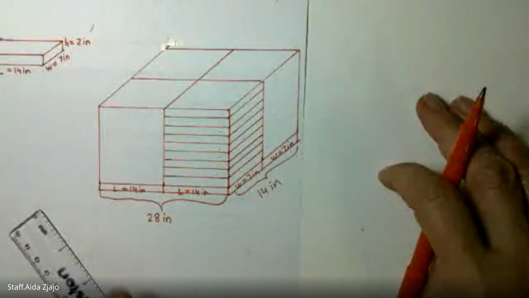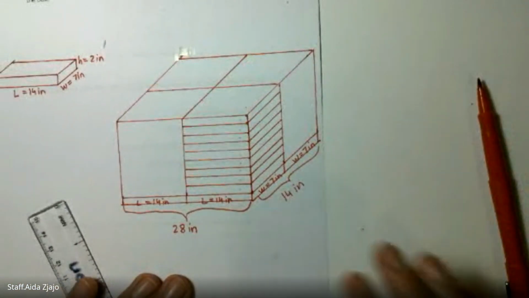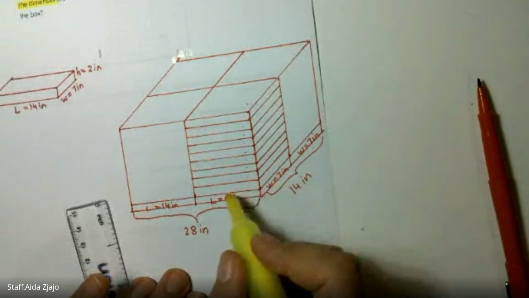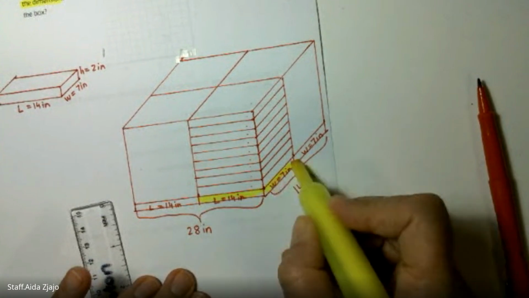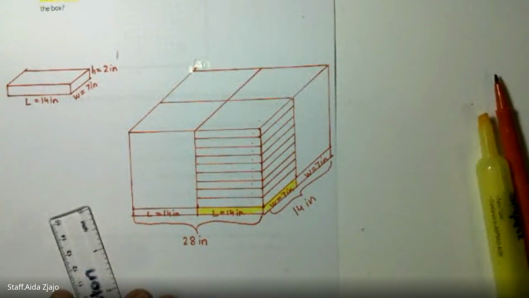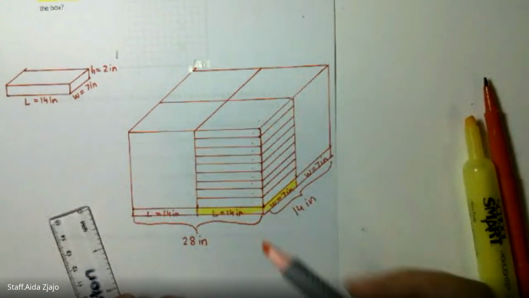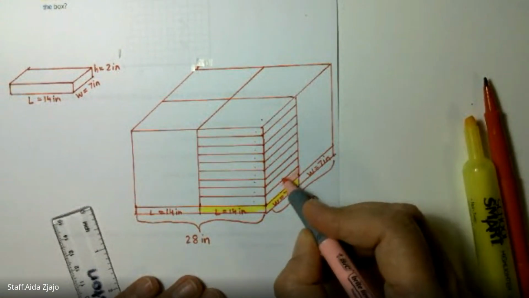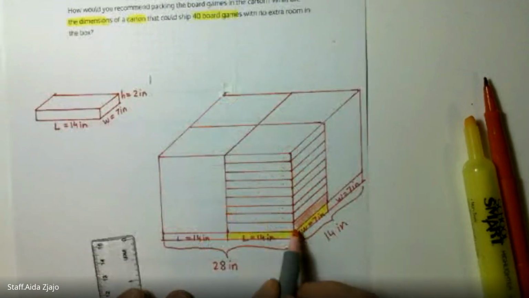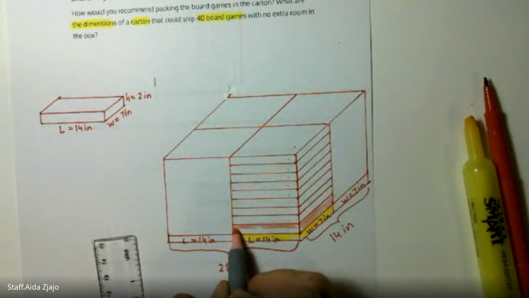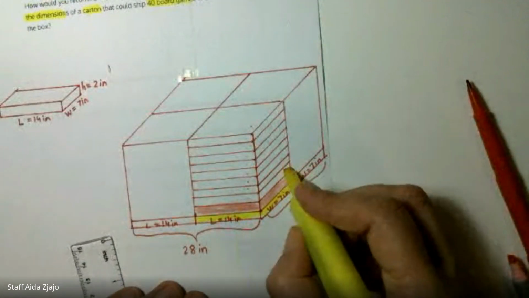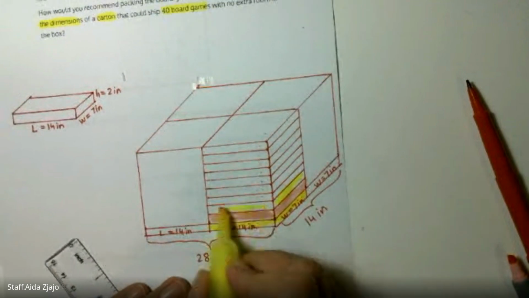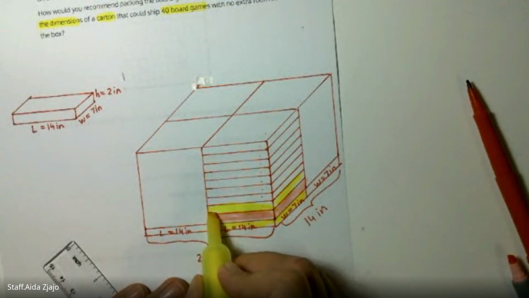Okay, so now we can see we didn't change anything. This is one box, one game, and then this is another game. I'm going to alternate the color, and that is the third game.